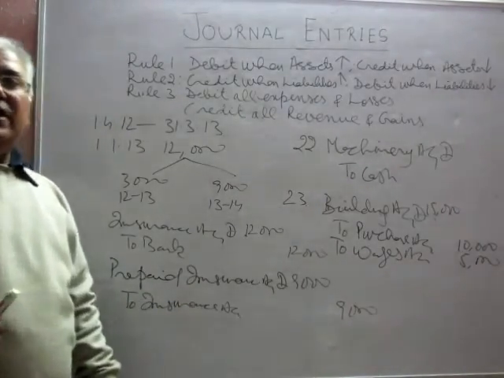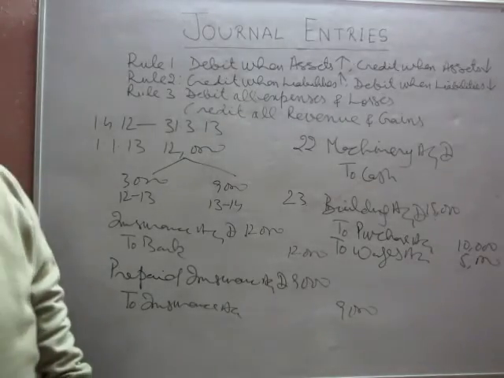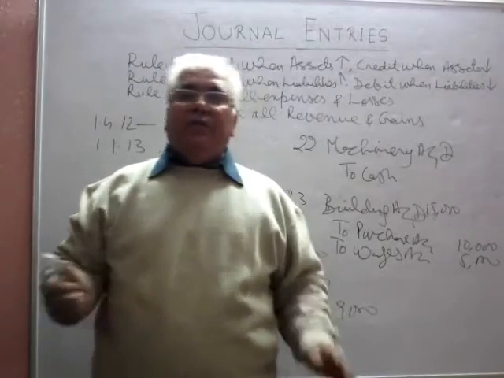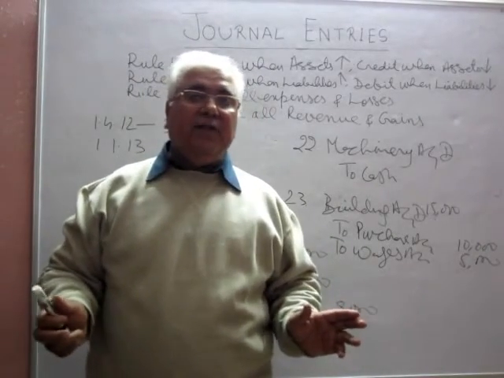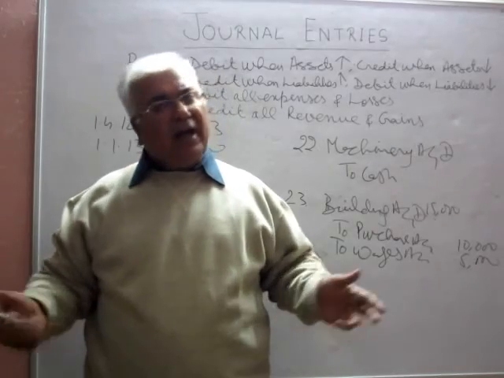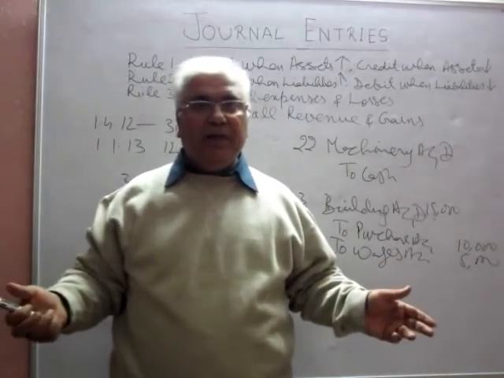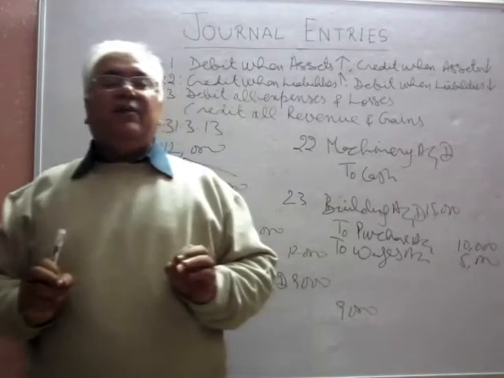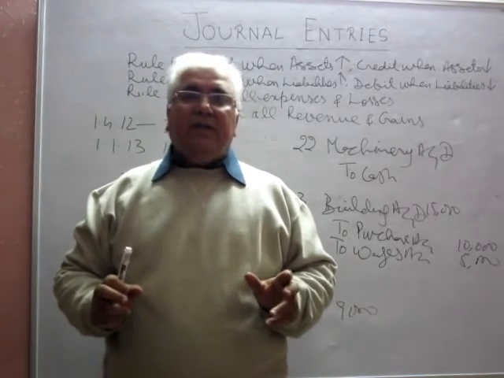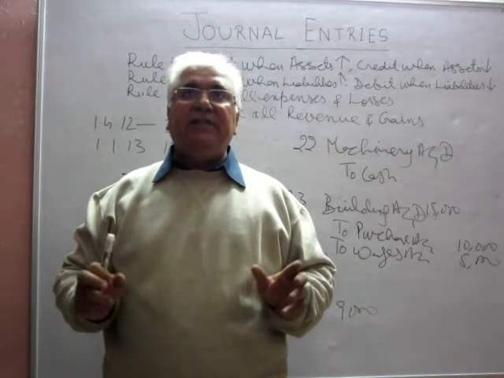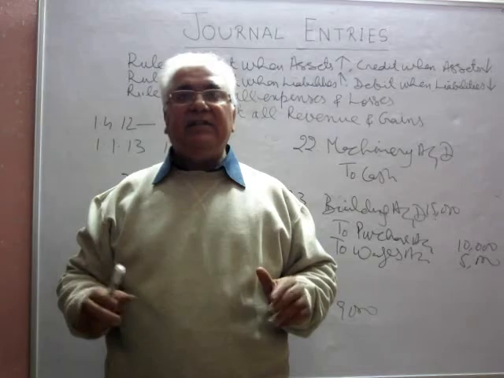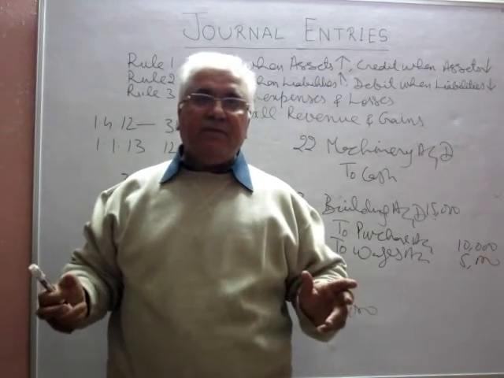Now I will tell you about outstanding expenses. Now at the year end, sometimes we find that we have not paid for certain things. For example, salary, rent, any business expenses could be. But we write our books on accrual basis. Accrual basis means that we recognize all the expenses and incomes on the basis of whether we have utilized the facilities or not.